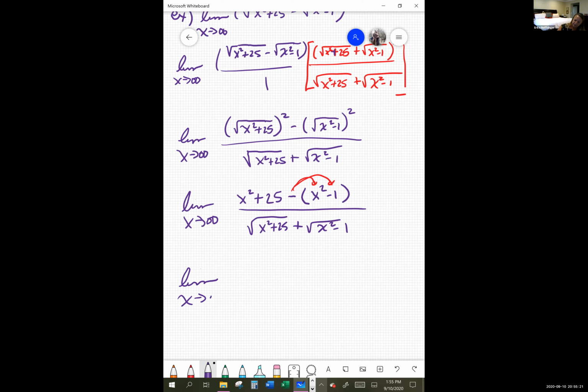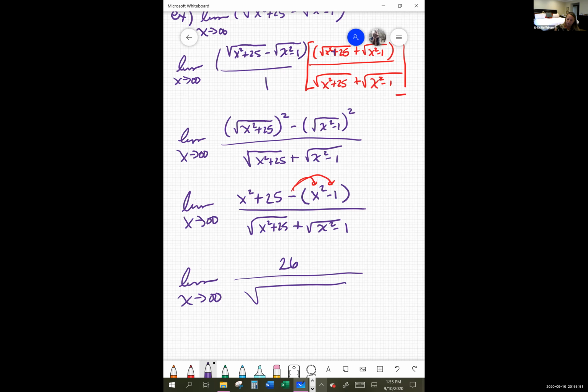The limit as x goes to infinity of x squared, now minus x squared from distributing that negative. I have a plus 25 here and a plus 1, so that's really plus 26. Notice my numerator, those x squared terms cancel, and just for time's sake, I'm going to erase those. We're just left with 26 in the numerator.